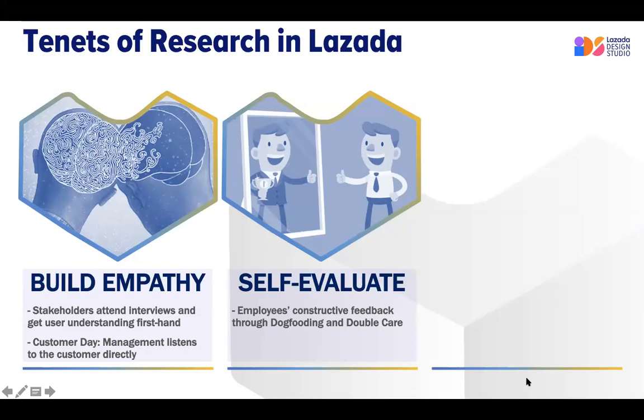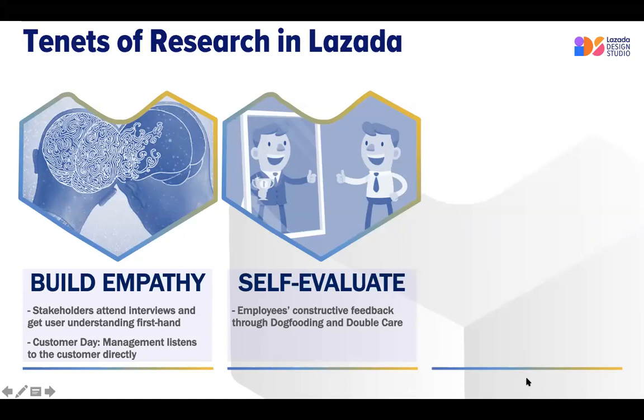And then there's the double care as well. These are all mechanisms which have been put in by the customer care team, and there are also other teams, tech team and product teams, and a lot of other teams involved in it. So the double care is about each Lazadian being an ambassador to the user.